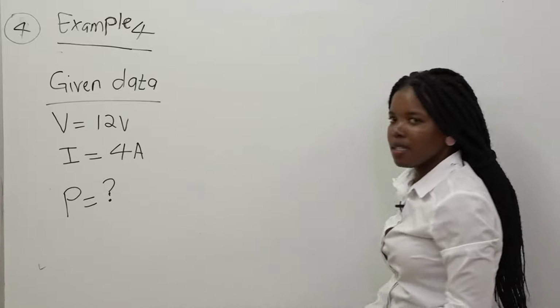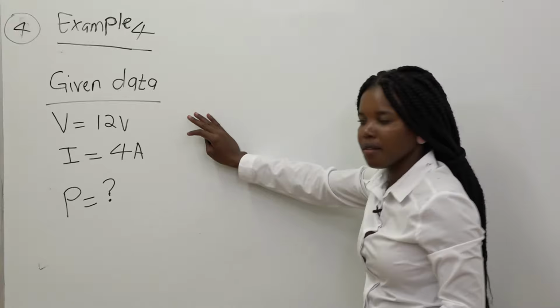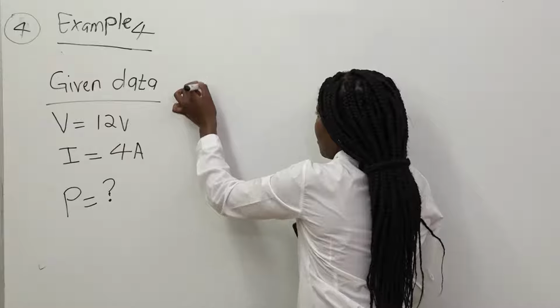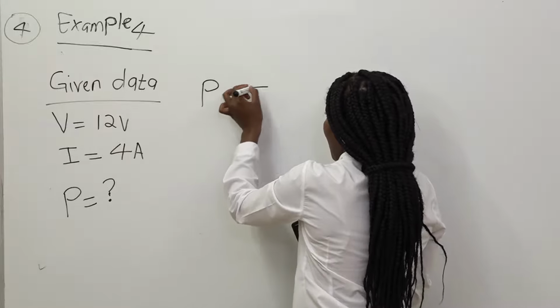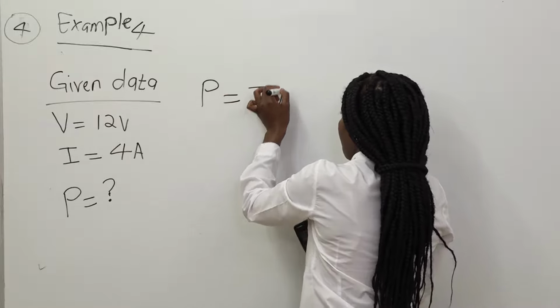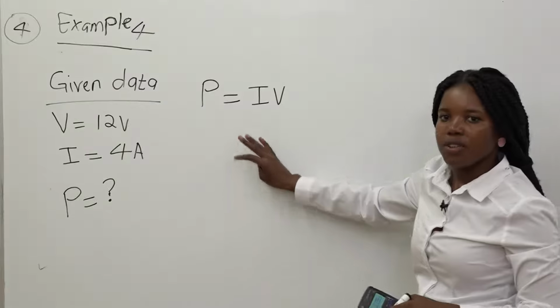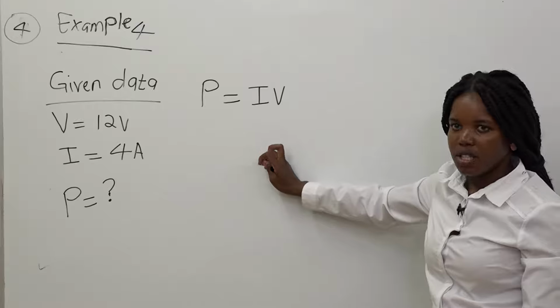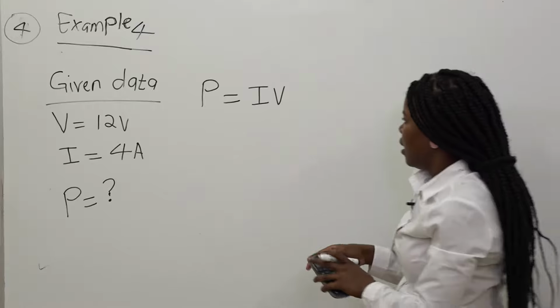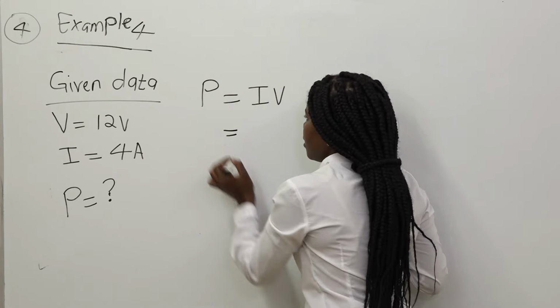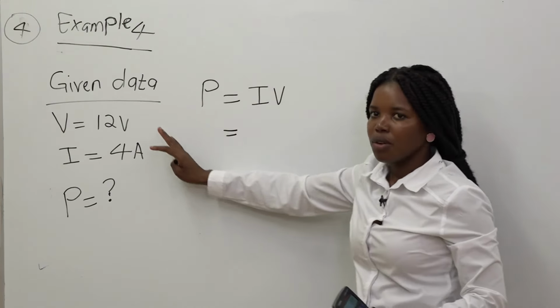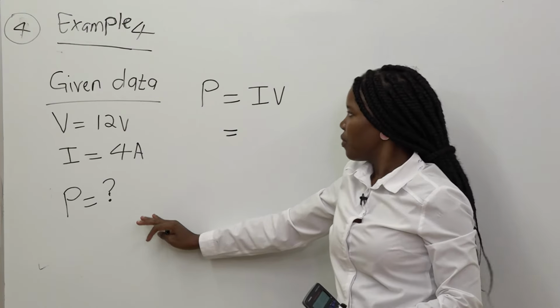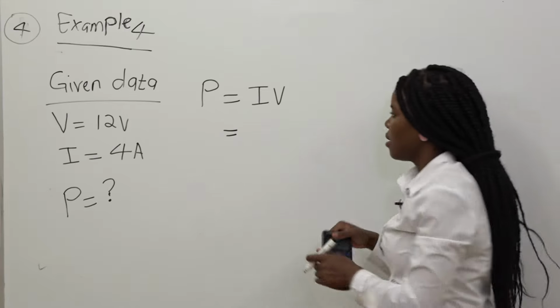We know that the formula to calculate power is P equals I multiplied by V, which is the current multiplied by the voltage. Since we already have our current from the statement, we substitute I by 4.